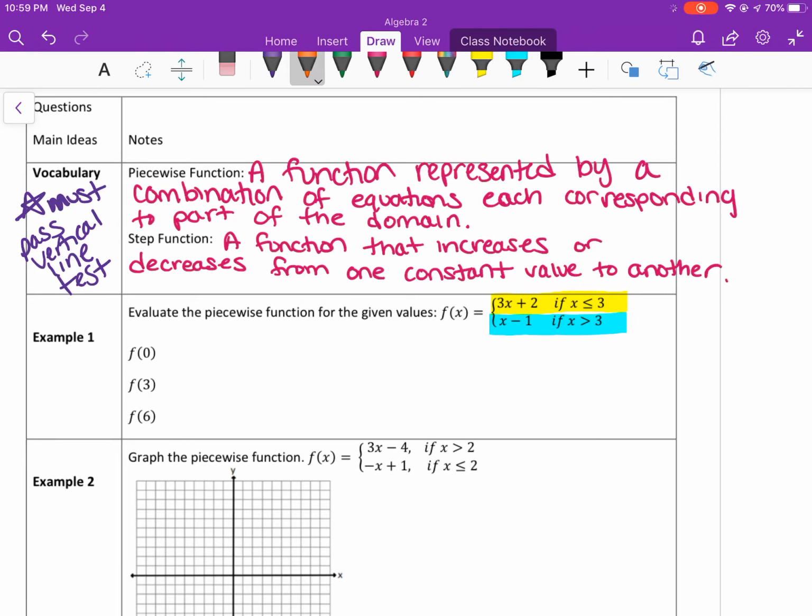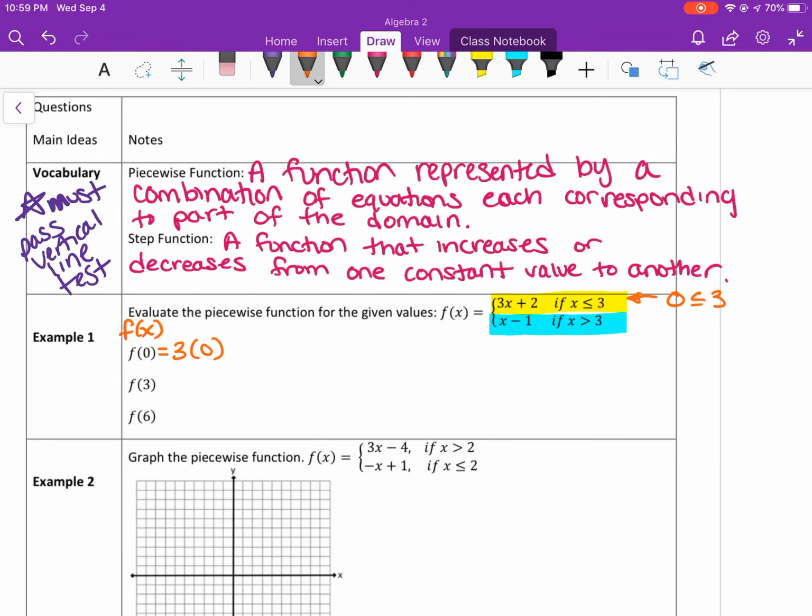To evaluate a piecewise function, you need to remember that these are in function notation, so these are f of x. So the first one is asking me when x is equal to 0, what does the function equal? So first I look up here and I say, well, 0 is less than or equal to 3. So that's going to go in the top one. So then I'm going to use the equation 3x plus 2, and I'm going to plug in 0 for x.